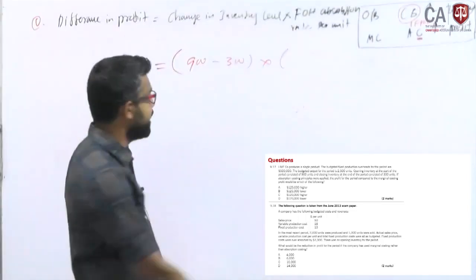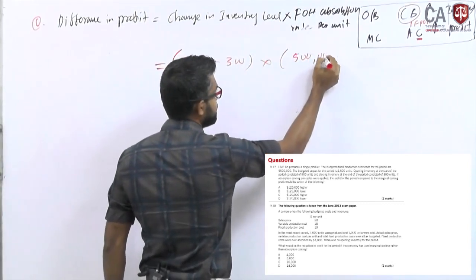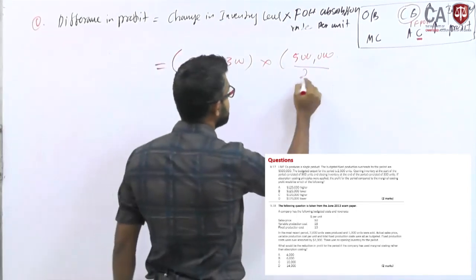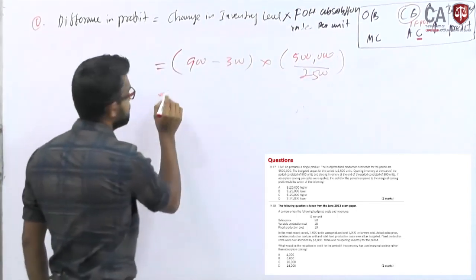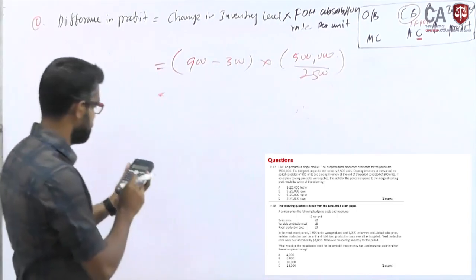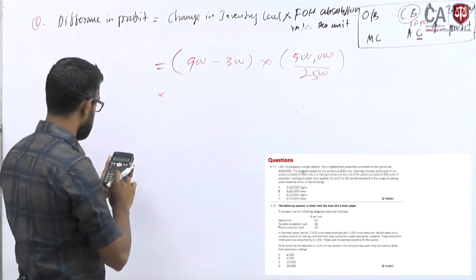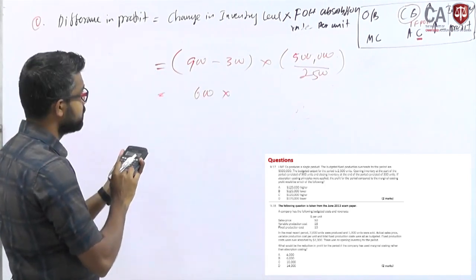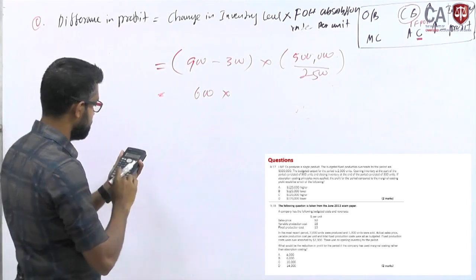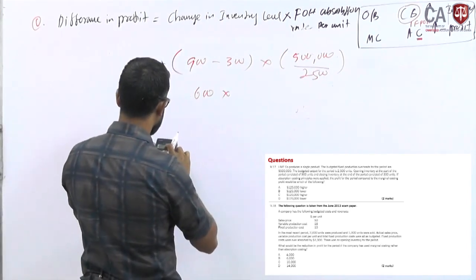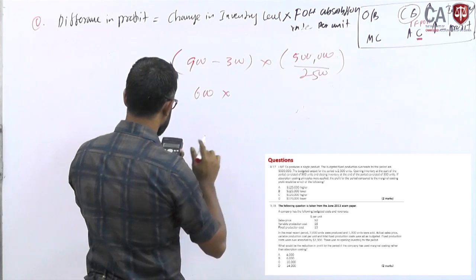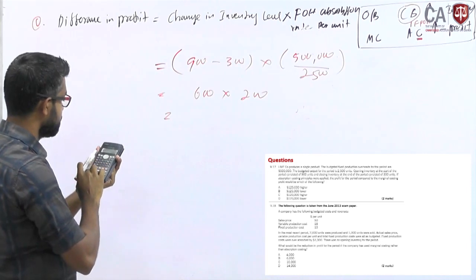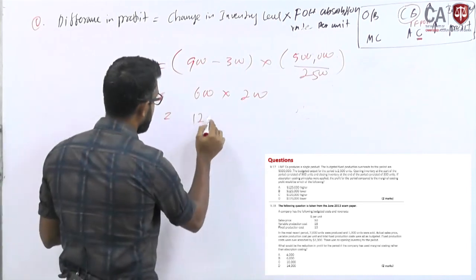Instead of giving the absorption rate straight away, we have to figure it out. Divide by 2,500. Then 600 into 200 gives 120,000.